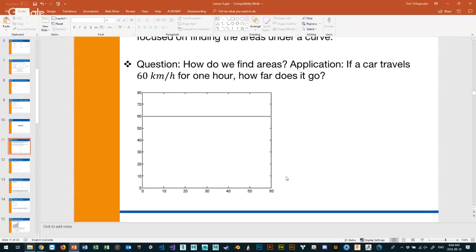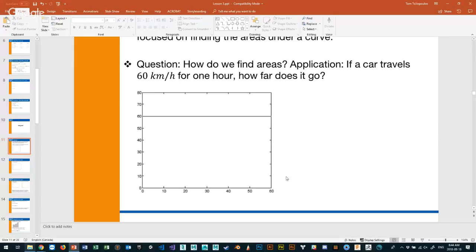That is a constant rate of speed, so it's traveling at the same rate. When I talk rates, it's kilometers per hour, or miles per hour, or meters per second, a rate of change. Because it's a constant rate of change, it's not fluctuating, so the velocity would be constant here.